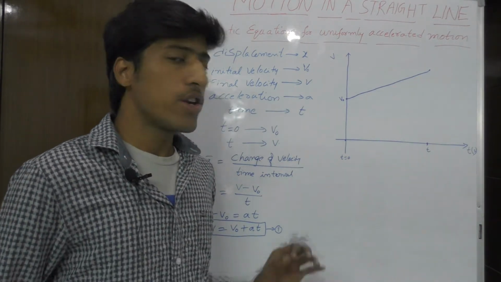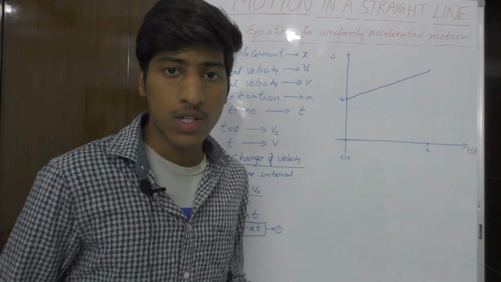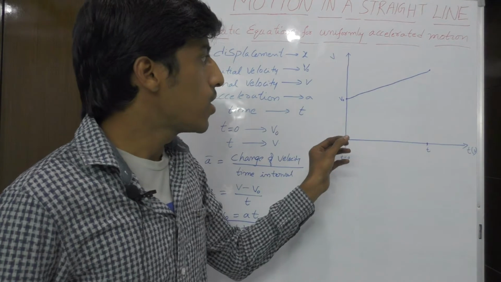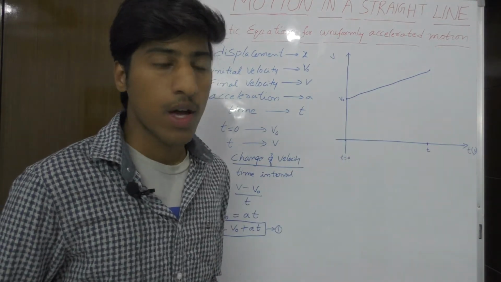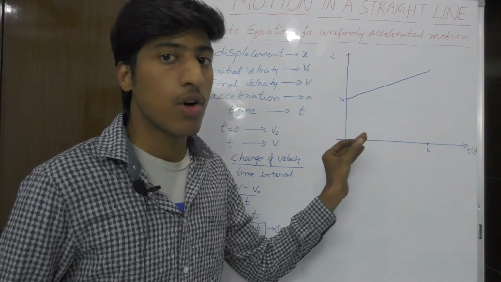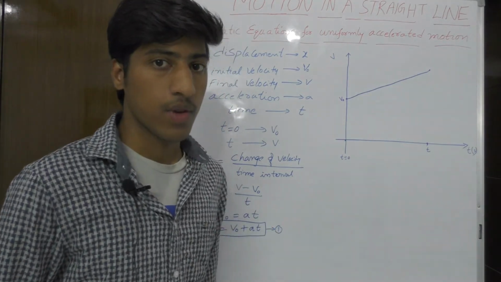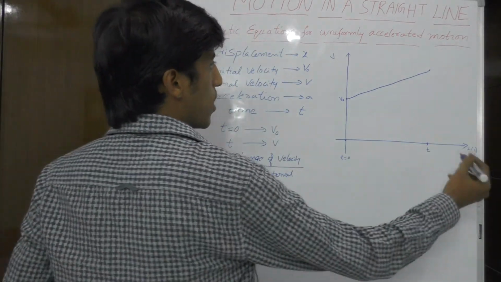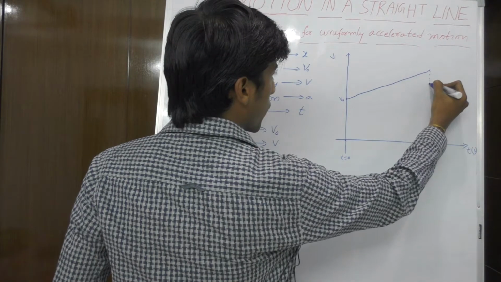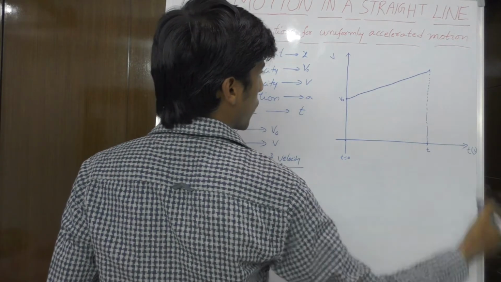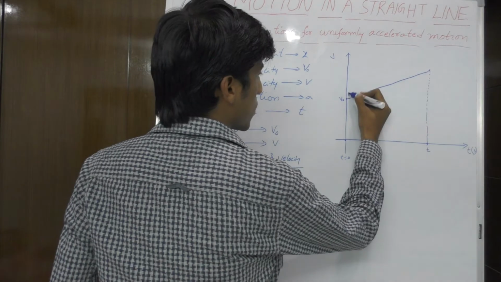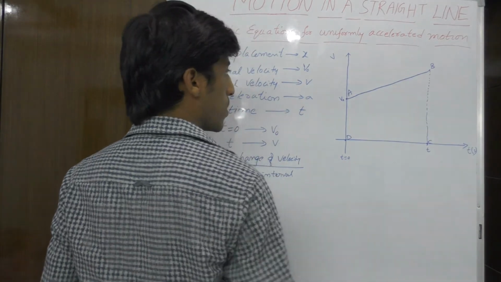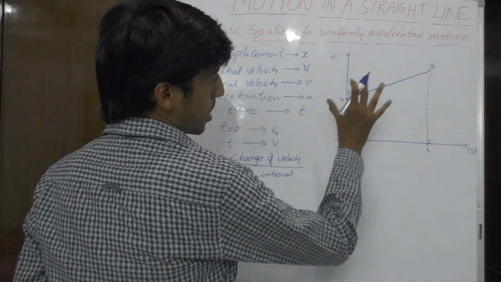Now, we already know that the area under a velocity-time graph gives the displacement of the object. So, if I find the area under this particular curve, I will definitely get the displacement of the object in the time interval 0 to t. So, let's find the area under this curve. To find the area, I will draw an imaginary line here, and I will give some points A, B, C, D. So I have to find the area ABCD.